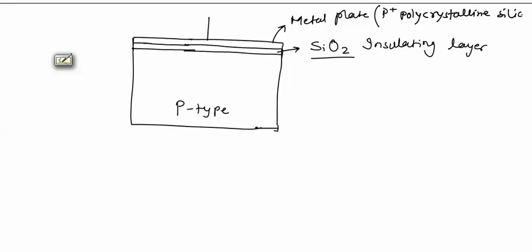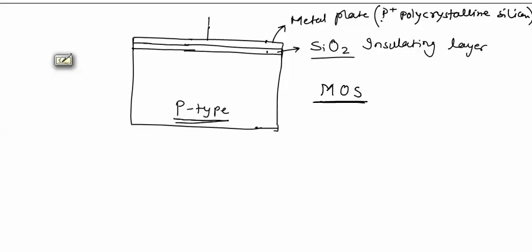If it is N-type substrate, then it will be N plus polycrystalline silicon. So in this structure, this upper part is metal, middle part is SiO2 insulating layer, and the lower part is a semiconductor. So this structure is called metal oxide semiconductor MOS.